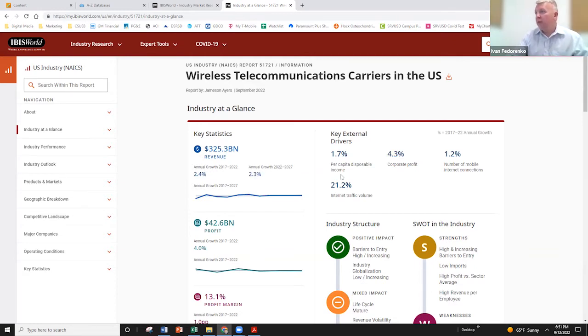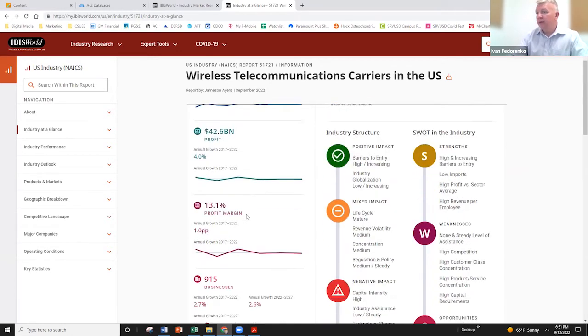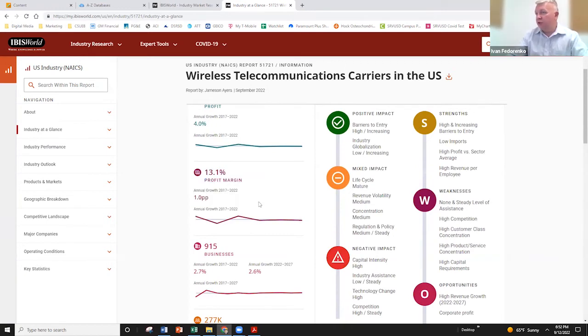It also gives us some information about factors driving this industry. Per capita disposable income: people need money to spend on all these new fancy iPhones. That's what drives this industry. Typical profit margin in this industry is around 13%.